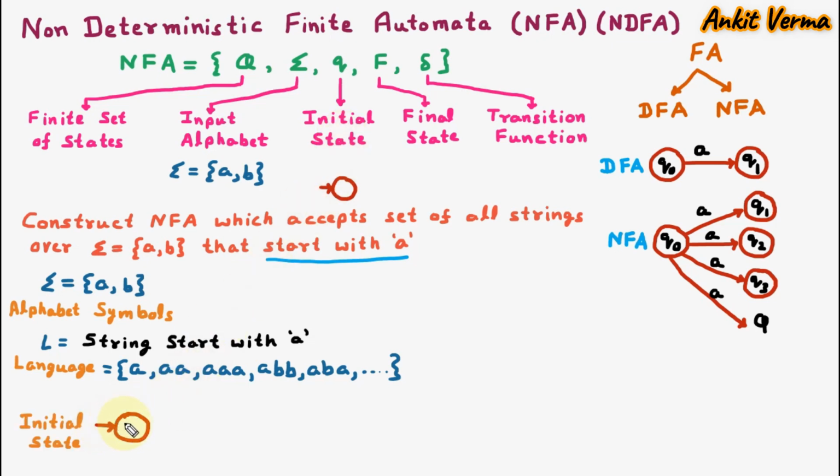I am giving the name of this state as Q0. So here in the NFA we have the element Q, which is the set of states, containing the initial state Q0.